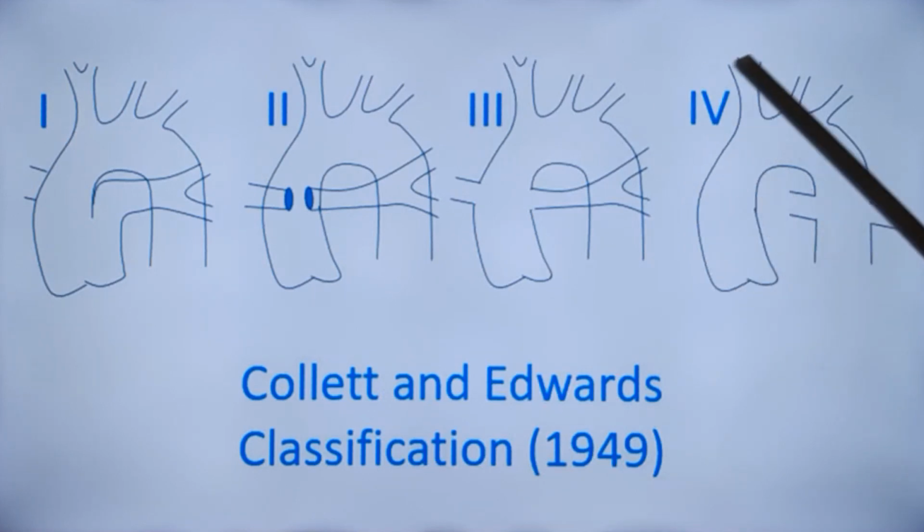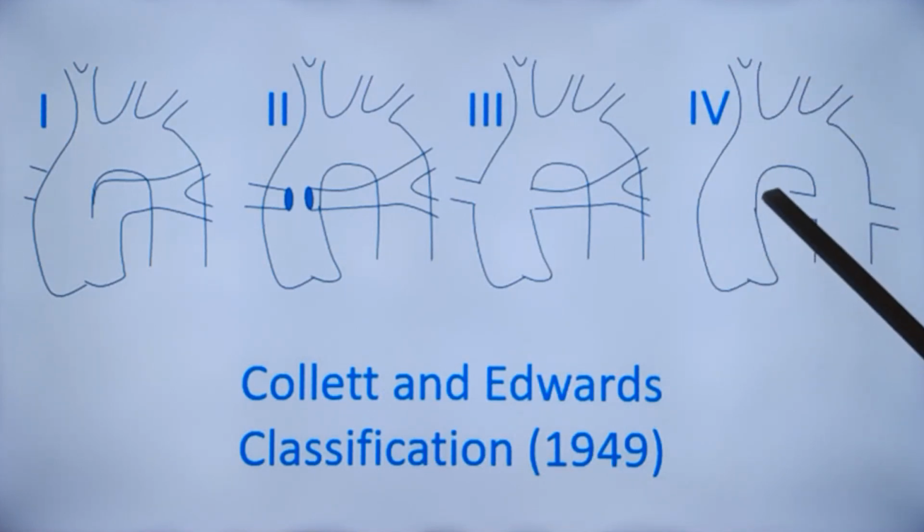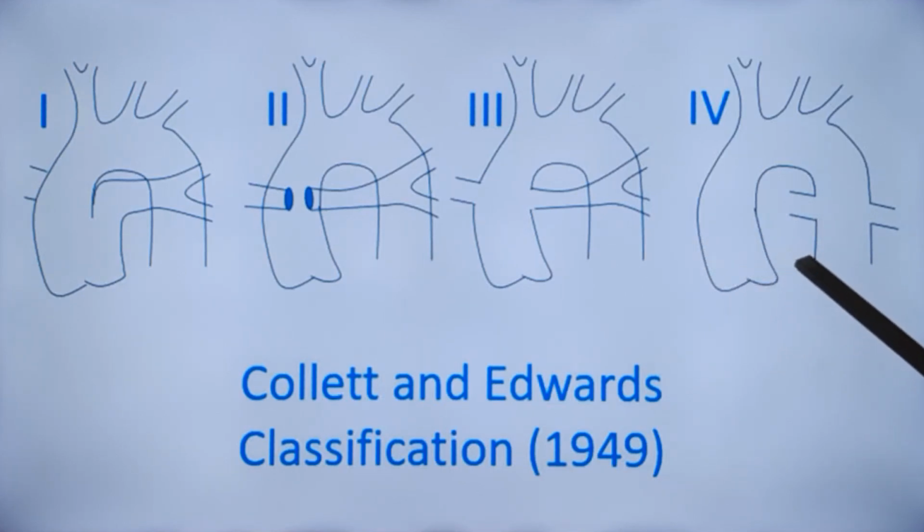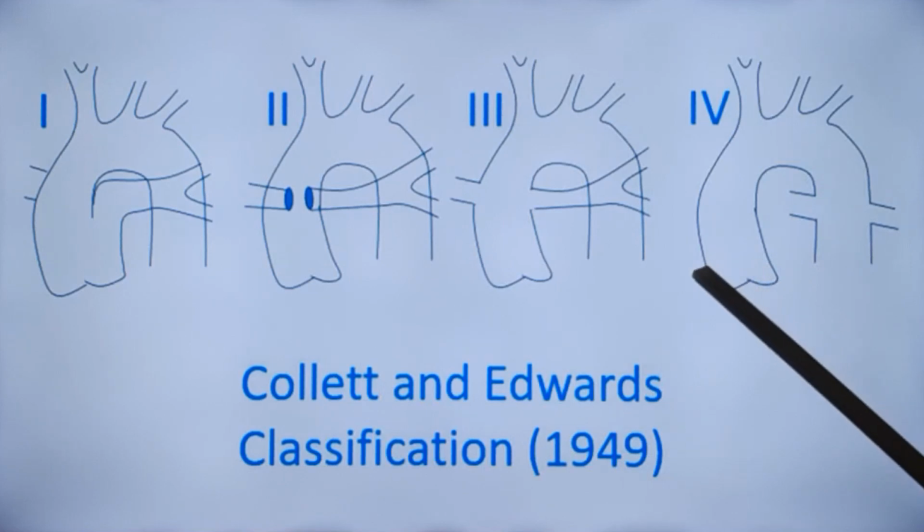So sometimes type 4 is not used because it is equivalent to pulmonary atresia with major aortopulmonary collaterals. There are other types of classifications as well. Another situation is hemitruncus, in which one pulmonary artery arises from the aorta.